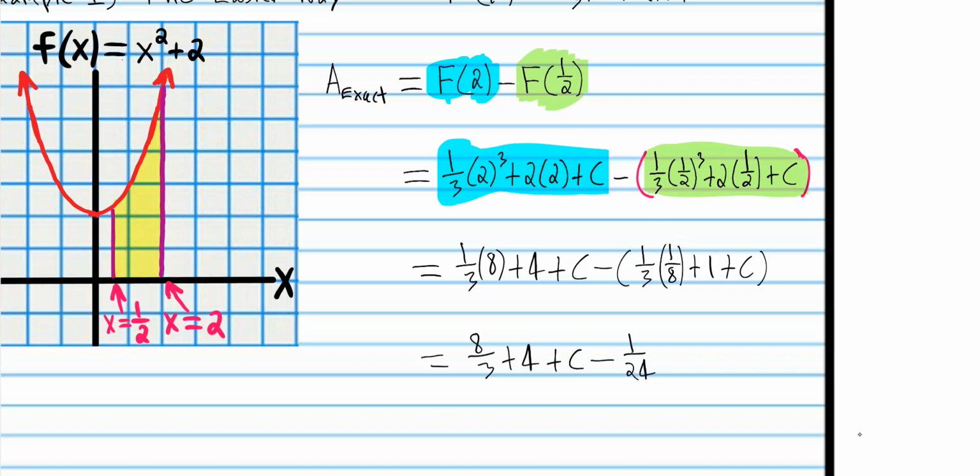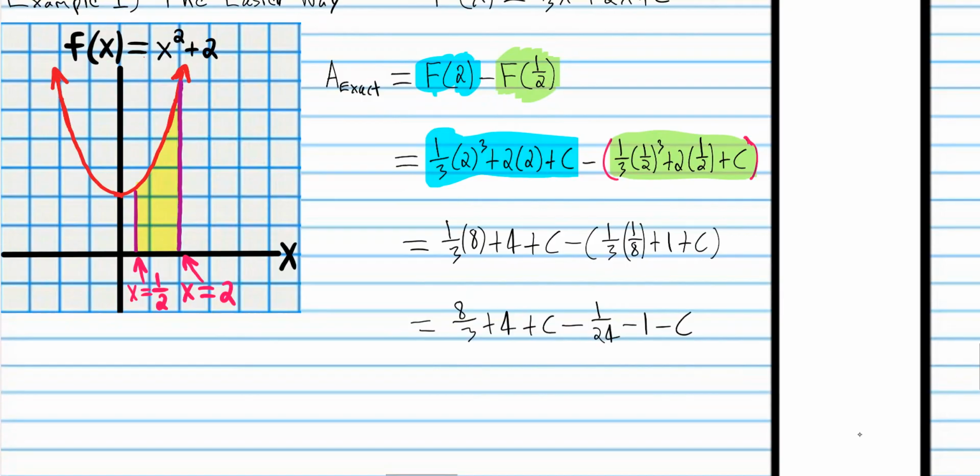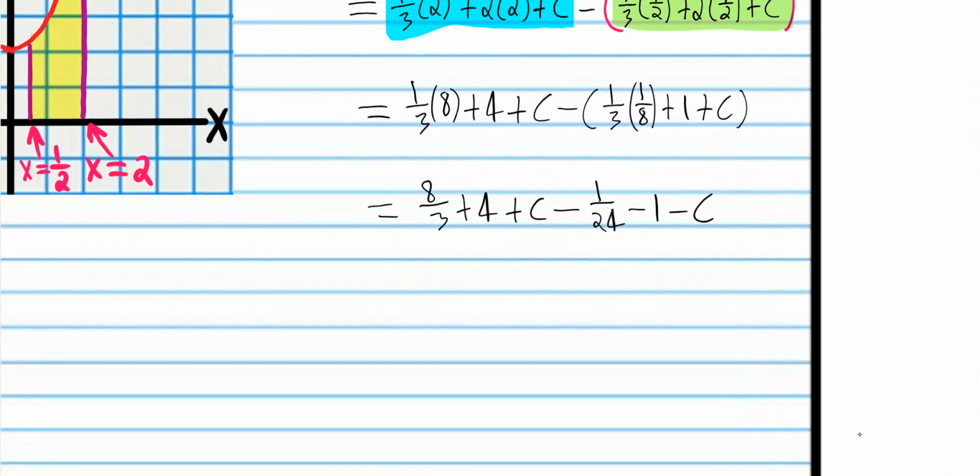But now I'm going to distribute the negative into each one of these terms. And there you go. So we just have to simplify. And so the 4 and the 1 can be combined. So we obviously get 3.